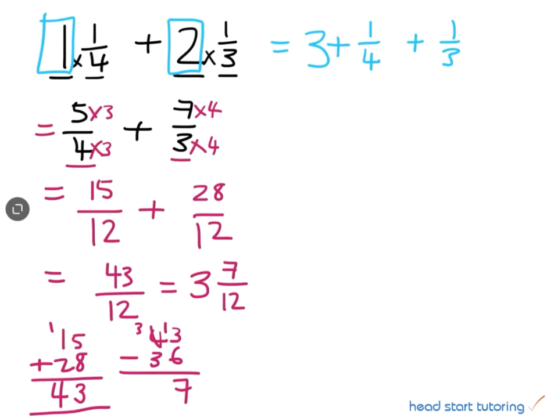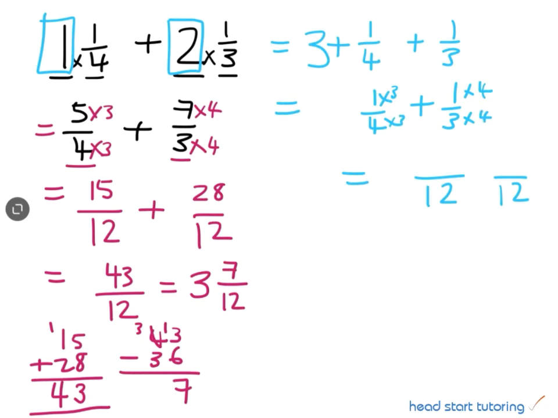We remember to add our 3 wholes at the end, but for now we just say 1/4 plus 1/3, and we get a common denominator of 12, or LCM of 12, and then we multiply our numerators by whatever we multiplied our denominators by to get 12, and we end up with 3 and 4.